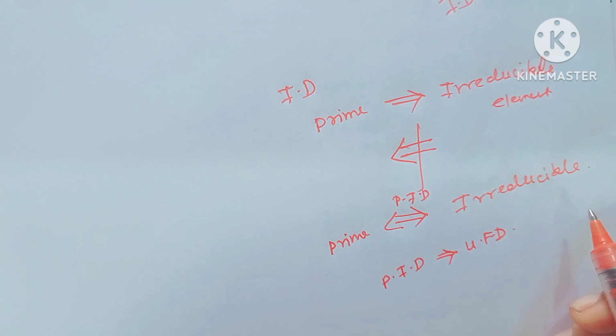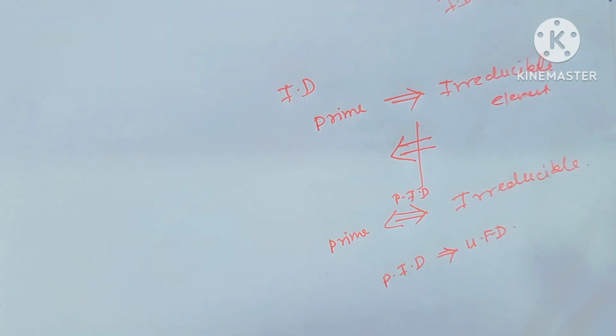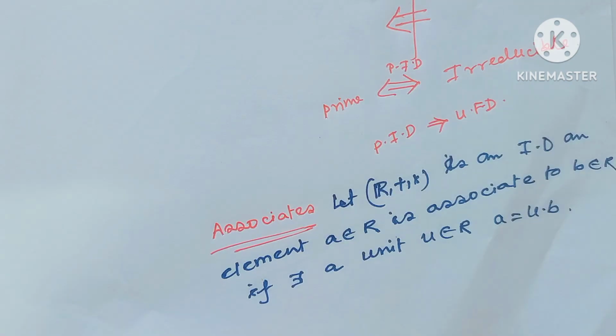Next I will see what is actually the definition of unique factorization domain. I will see what is the associated.